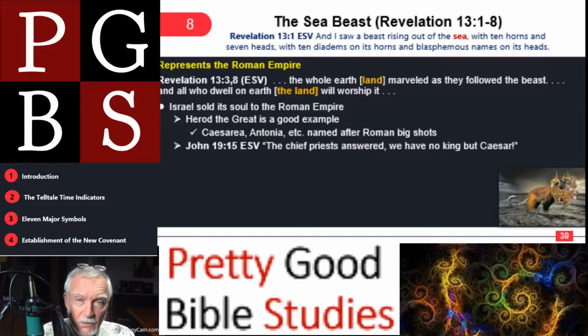Antonia, the famous military fortress in the temple precincts, was named after his good buddy Mark Antony. And if you look at a map of Israel at the time of Jesus, most of the names are not Hebrew, they're Roman, because Israel had sold out to the Romans. And then, of course, there's this famous verse in John 19:15.